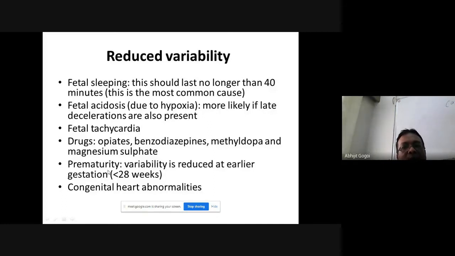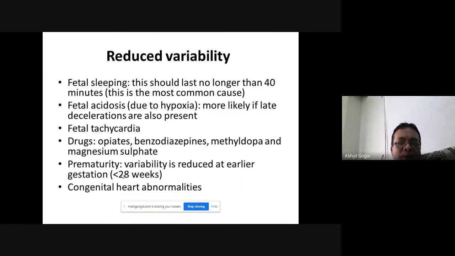Also, variability is reduced before 28 weeks. Now, why? Now remember the fetal heart. Even in adults, our heart rate is controlled by our autonomic nervous system, sympathetic and parasympathetic. So this sympathetic and this vagus nerve, the sympathetic and parasympathetic nervous system which influence our heart, is fully developed only after 32 weeks.